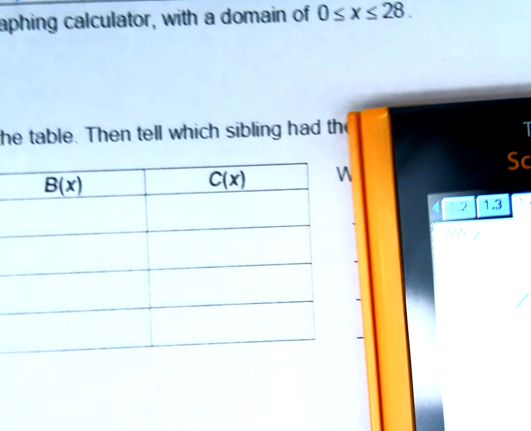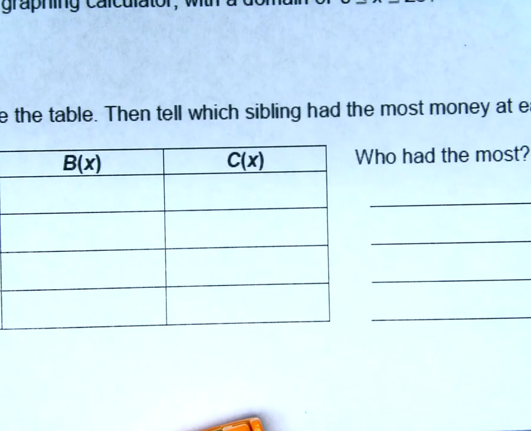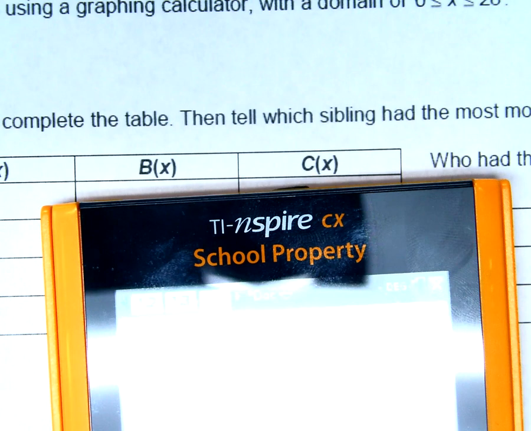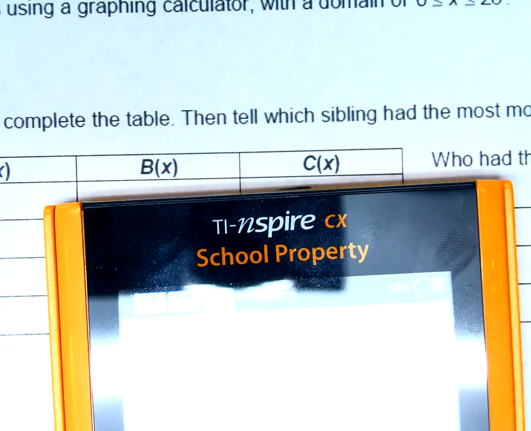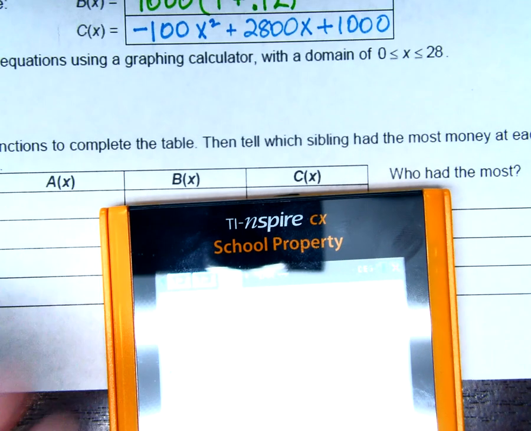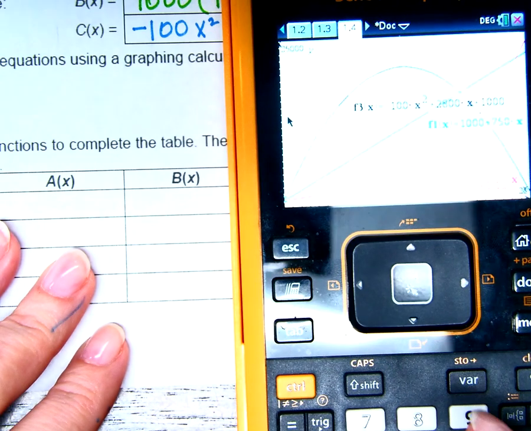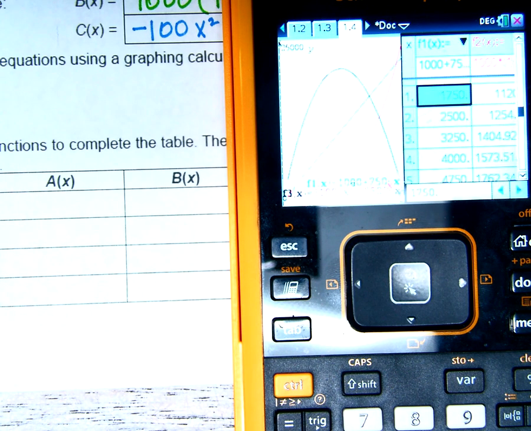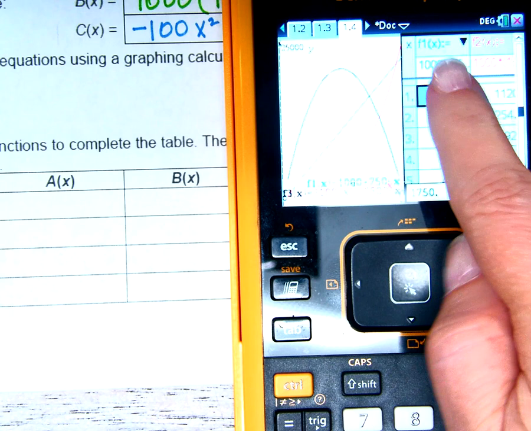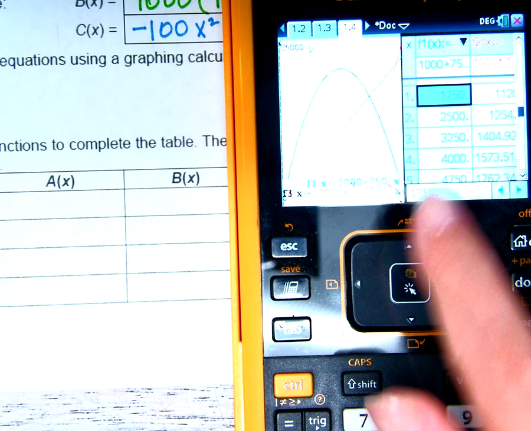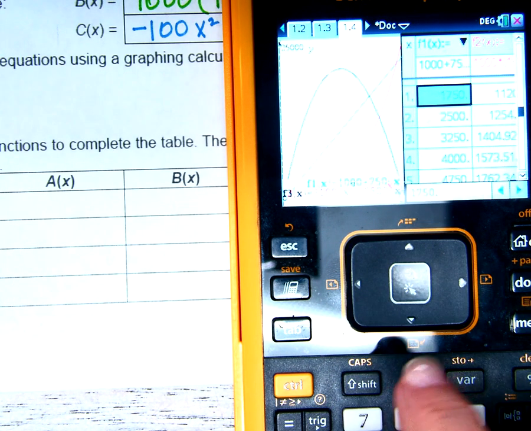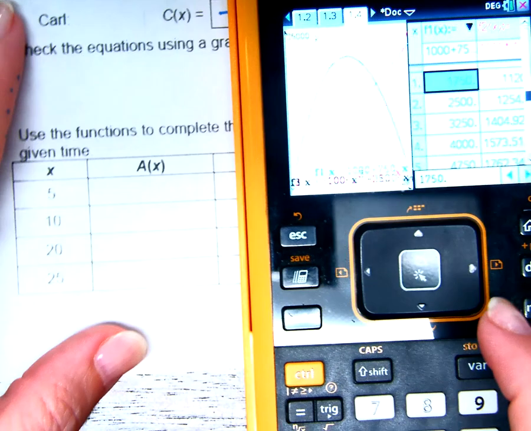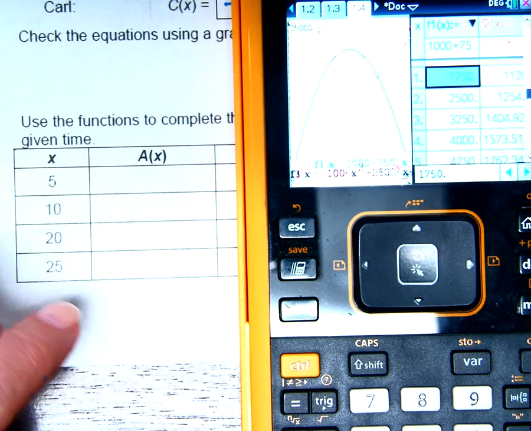Problem number 3. Use the functions to complete the table. Do I really want to plug all these numbers into every one of these equations? What could I do instead? Can't I use the table? First I'm looking at the 100 plus 75x, so that's Alan. So I'm going to put his numbers in this first column.